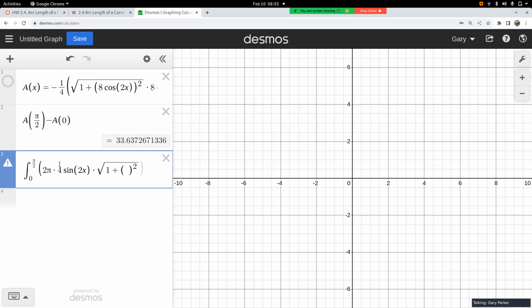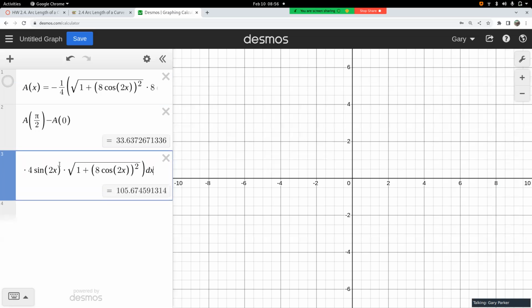Derivative of 4 sine is cosine, so that's 8 cosine of 2x. And I already got the square there, so that should be the antiderivative. Close the, sorry, that should be the integrand. Close the integrand, tell it what variable we have, and I got a different answer.